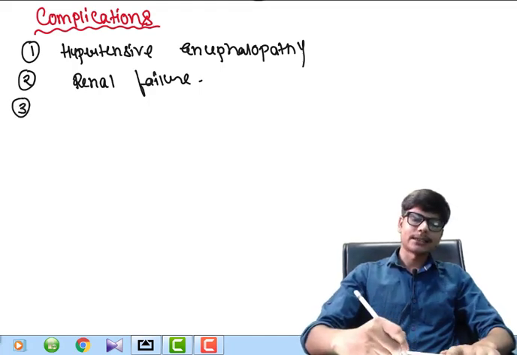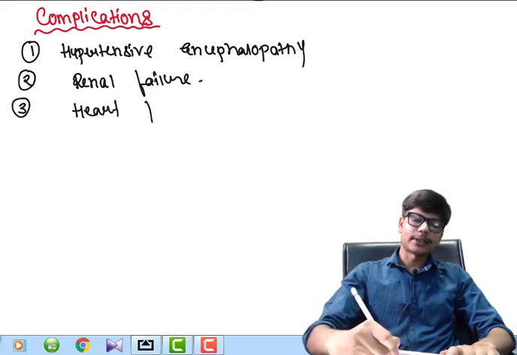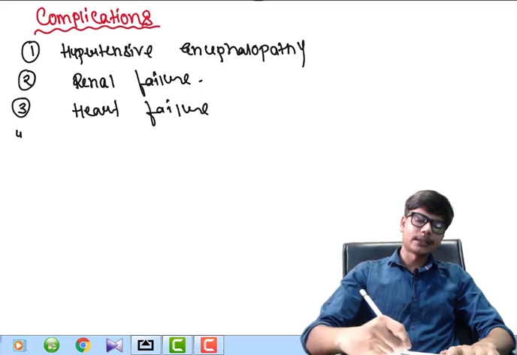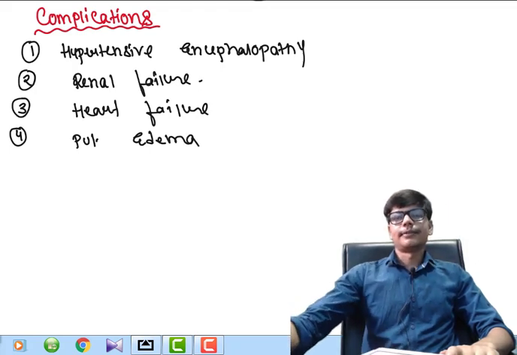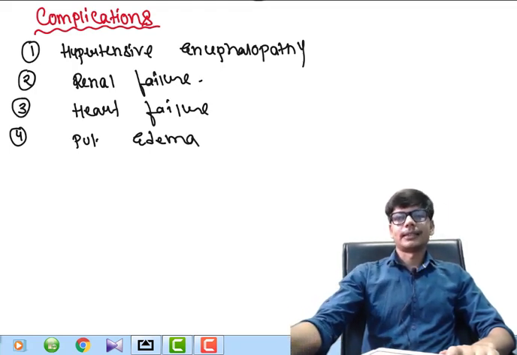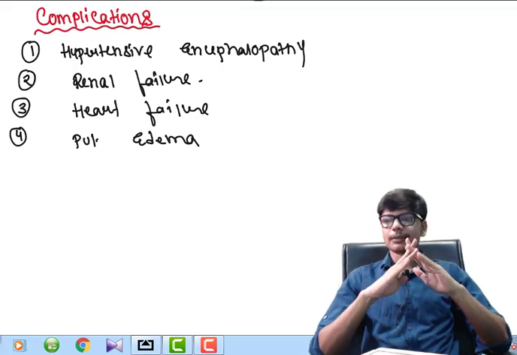Hypertension in APSGN can precipitate heart failure, and heart failure in turn can cause pulmonary edema. So these are the different complications of APSGN: hypertensive encephalopathy, renal failure, heart failure and pulmonary edema.